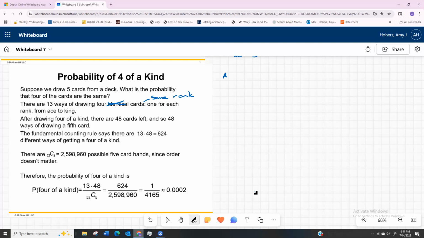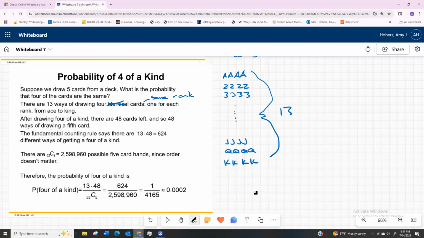So if we list them out, we can get 4 aces, 4 2s, 4 3s, all the way up to 4 jacks, 4 queens, or 4 kings. So there are 13 ways to get 4 of a kind.